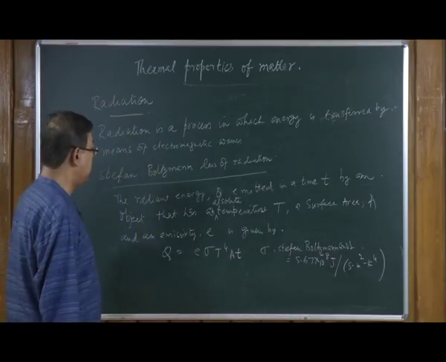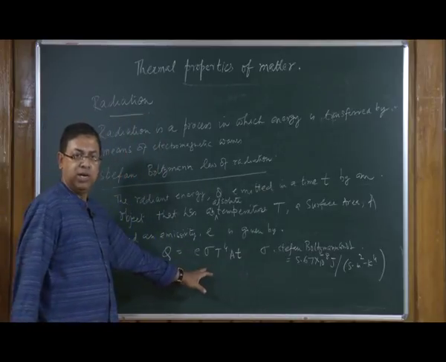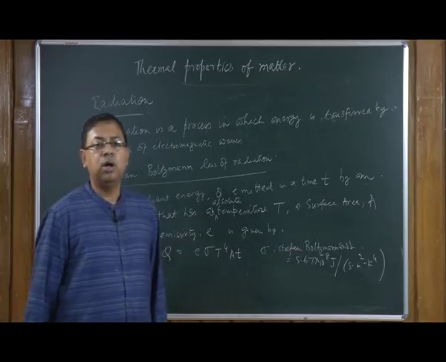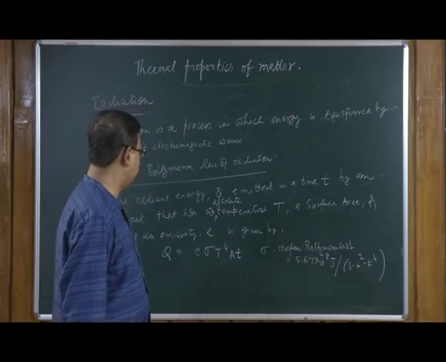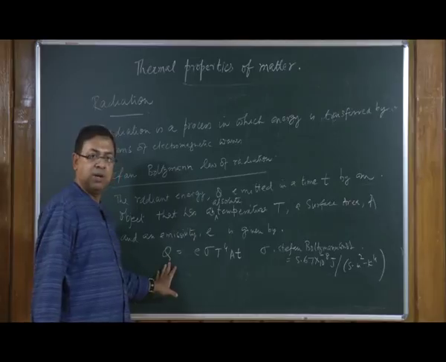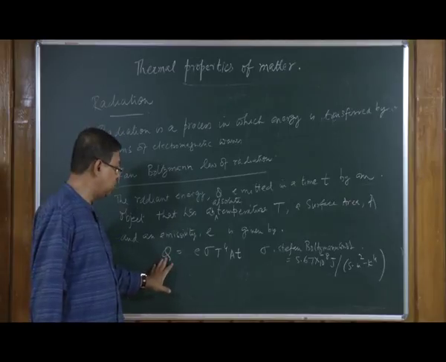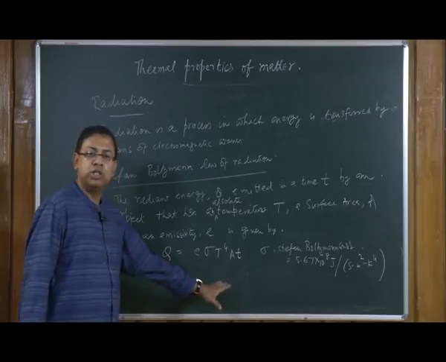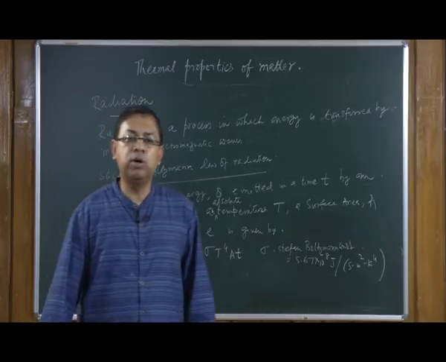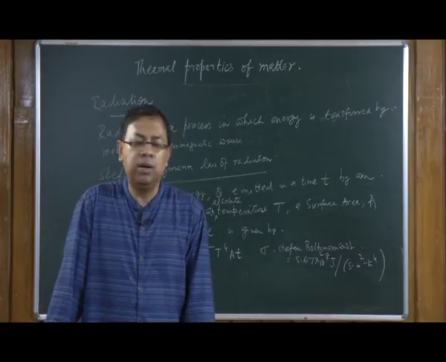This is often quoted as a T to the power 4 law, where the radiant energy or the thermal energy due to radiation is proportional to the fourth power of the temperature expressed in absolute scale.